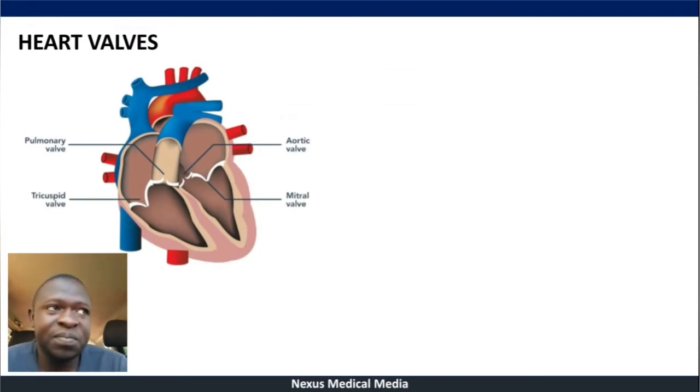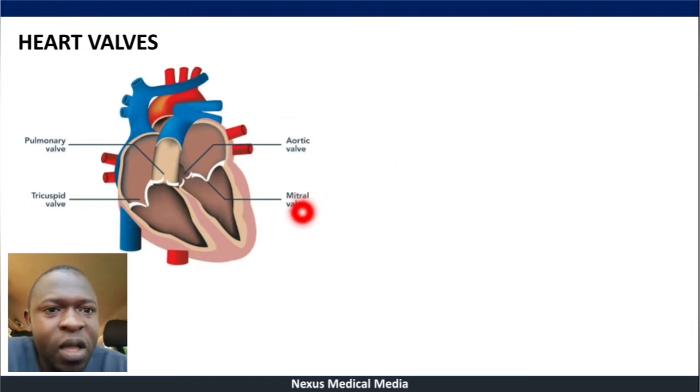Valves are very important. What's the function of a valve? It is prevention of backflow, so we don't want any backflow. Here we can see these valves.